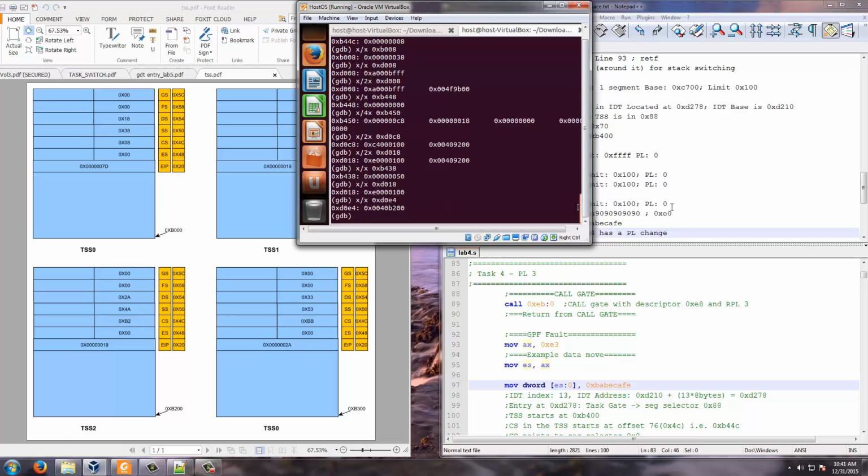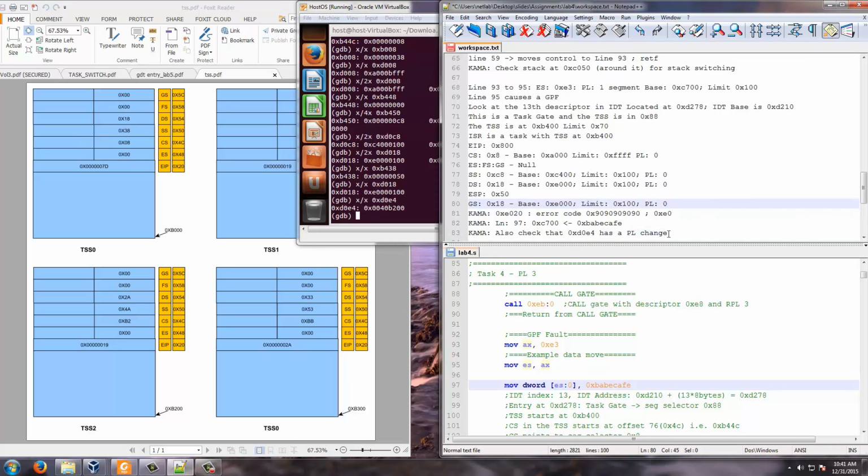Now what is D0 E4 currently has? The D0 E4 currently has 40B200, and that will become 40 FF00, F200. So this should change.